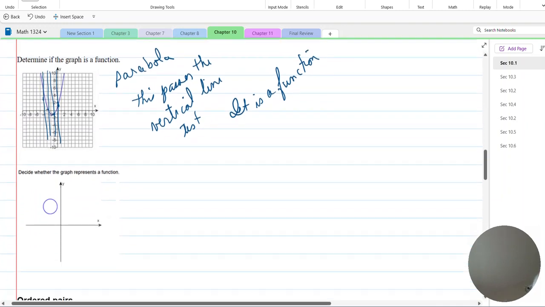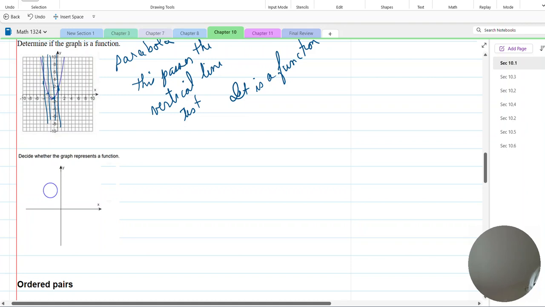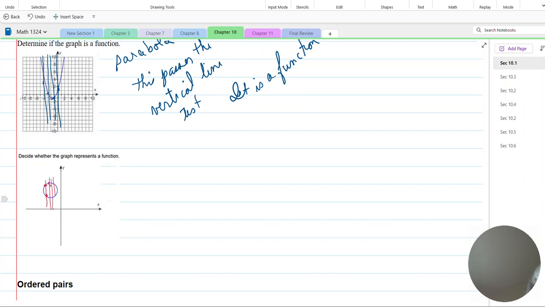Right. Now, this one is a circle. So if I did that one, you can see that it has many points that are values of X. I assume I drew this very straight. So this one is not a function.